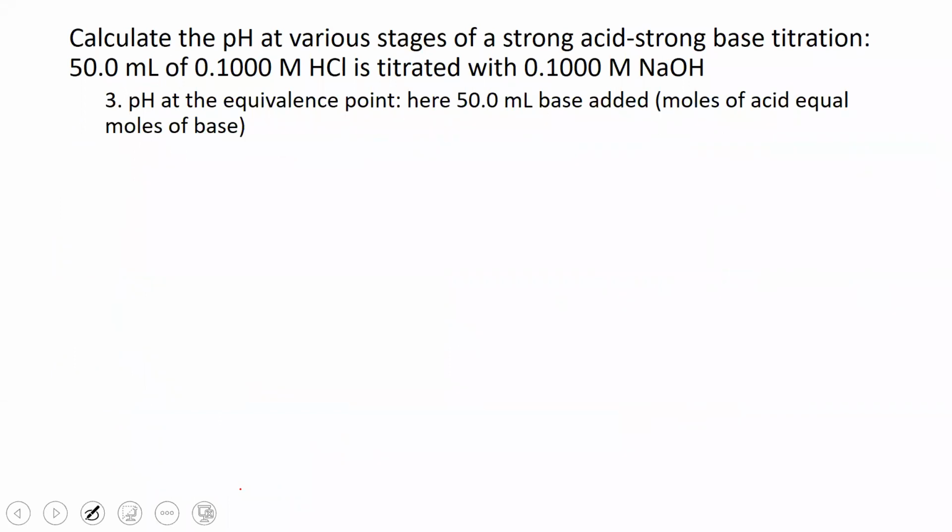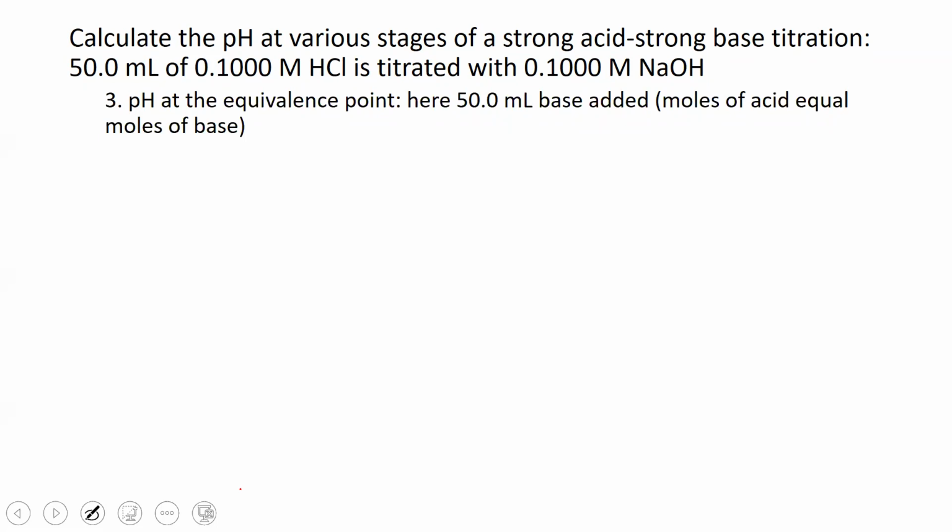Next, we're going to look at the pH at the equivalence point. You can calculate the equivalence point based on how much you've added. If you've done a titration where you've added an indicator, for example phenolphthalein, you would be able to calculate the added volume when you reach that endpoint, and that endpoint should tell you how many moles of each that you had.